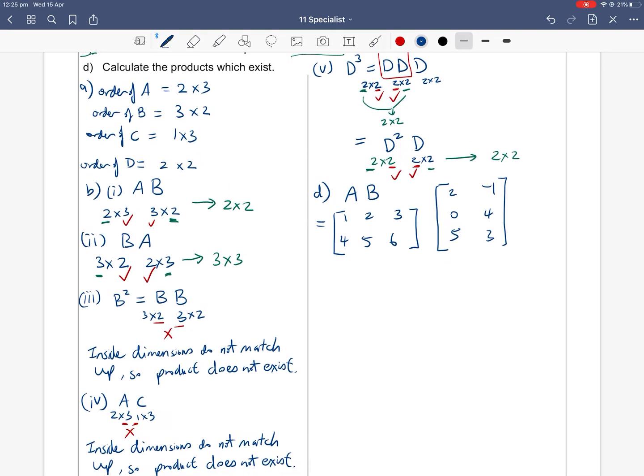Okay, so this is where the chant comes in, row by column, row by column.